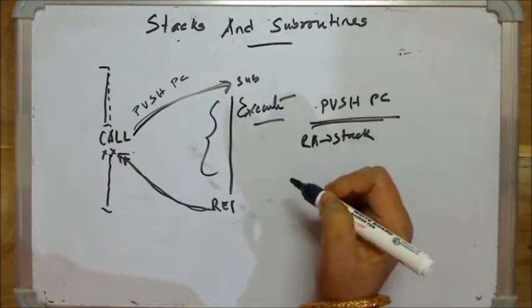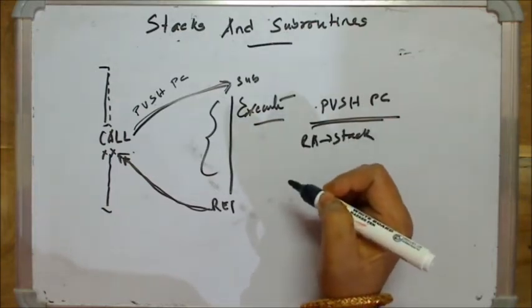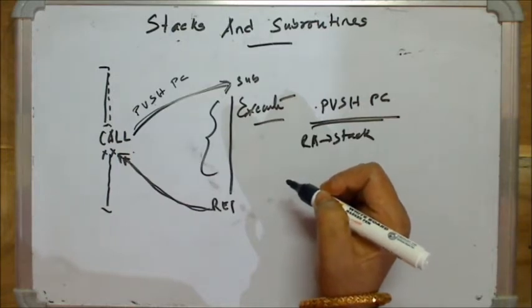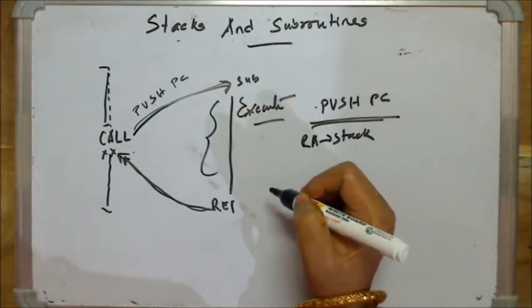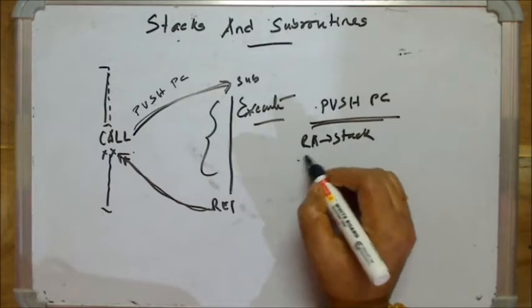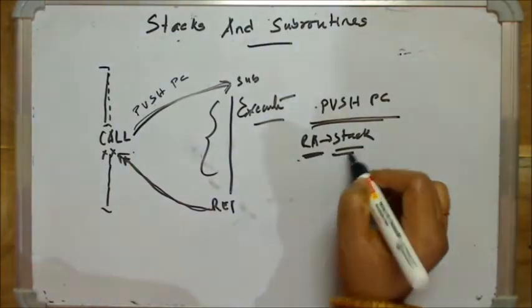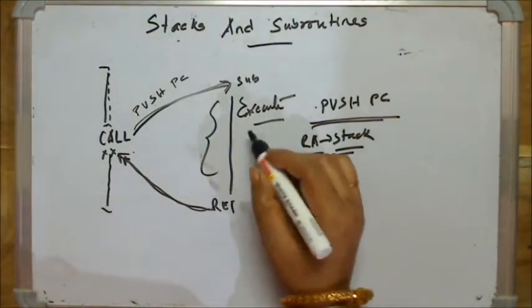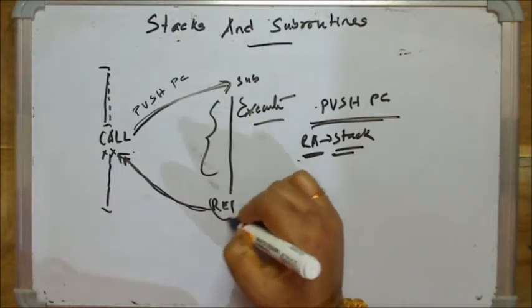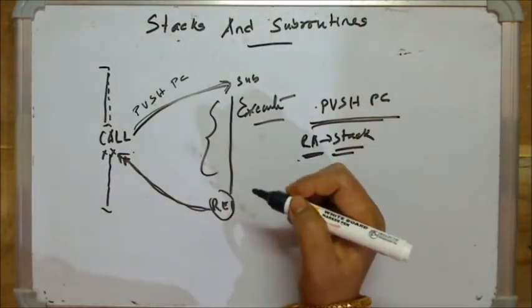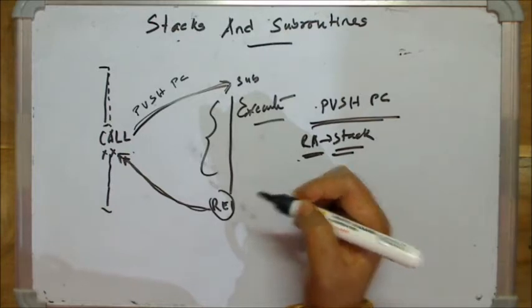Right? Now the PC will get the address of the subroutine and execute the subroutine. The return address is stored in the stack. Now after executing the subroutine, it has to return to the main program. So what will happen?